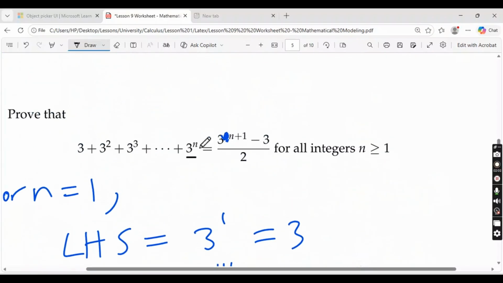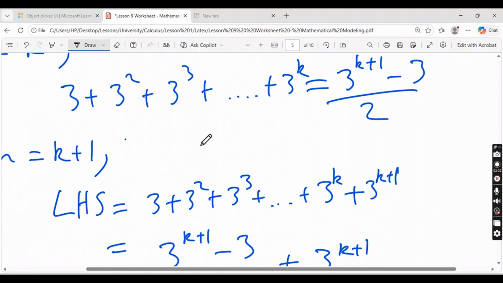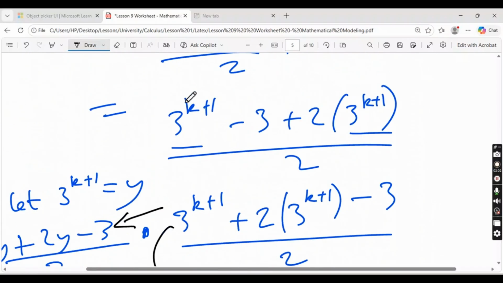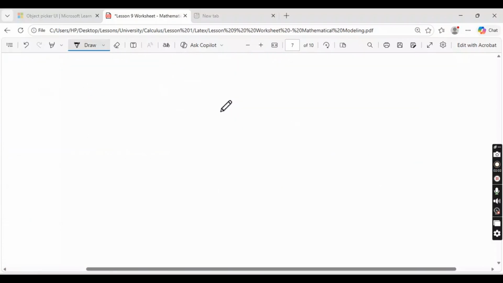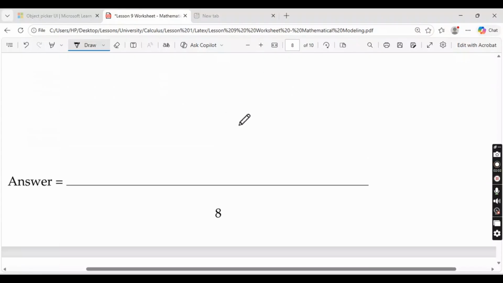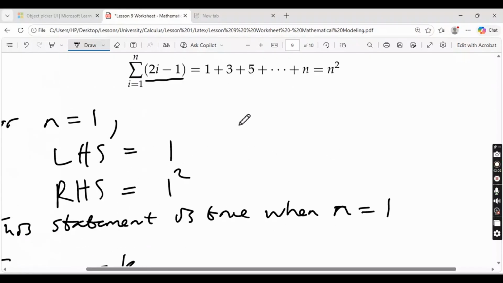So we're using the formula to get our k plus 1. So that's where we got 3 to the power k plus 1. So I think we should do the same thing here. Does that make sense?